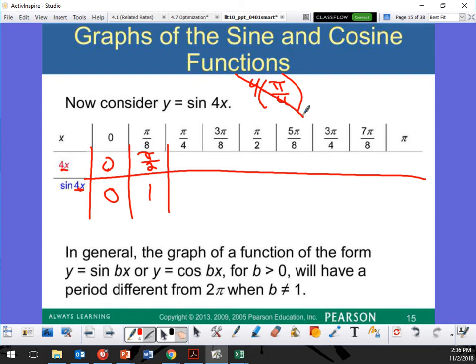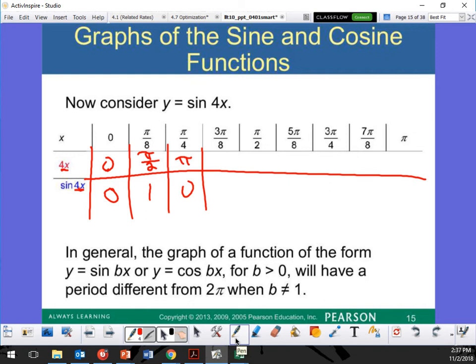Because if it's over 1, it's going to be 4 pi over 4, which reduces to just pi. Magic finger goes there on pi, so my answer is 0. If you guys need to actually write it out, you can.